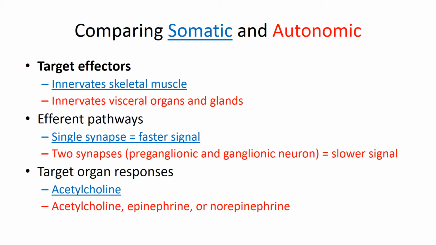Characteristics of the somatic nervous system include effectors or target organs that are our skeletal muscles, efferent pathways and ganglia, which are cell bodies of the motor neuron that are in the central nervous system, and their axons extend in spinal nerves all the way to the skeletal muscles.